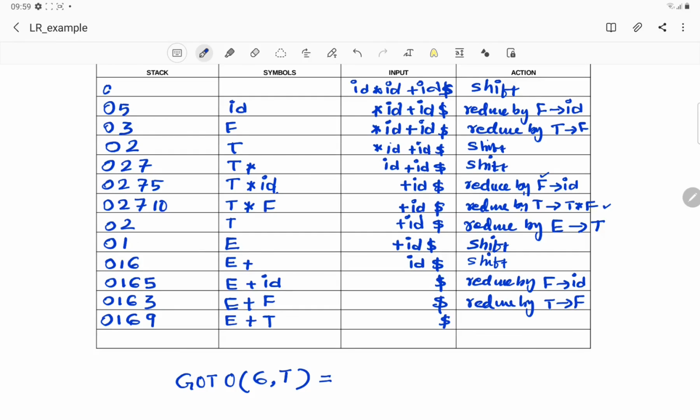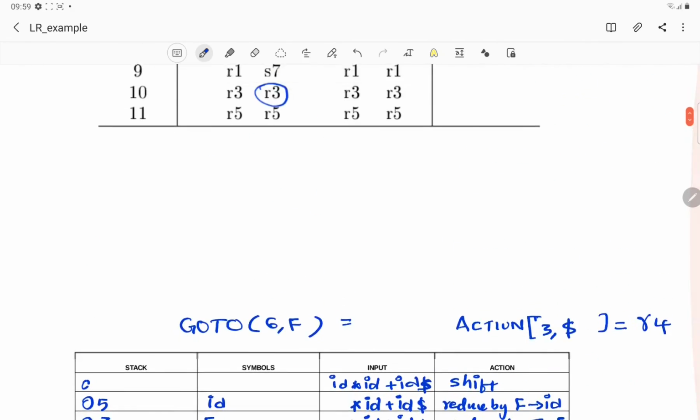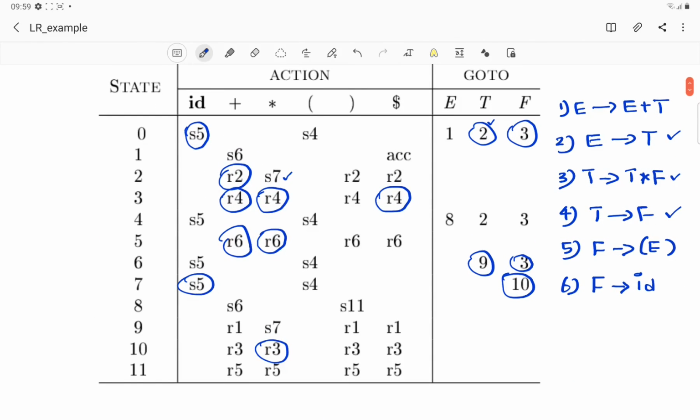Now we have to compute action of 9 comma dollar, because 9 is on the top and dollar is the next input symbol. So what is the action of 9 comma dollar?